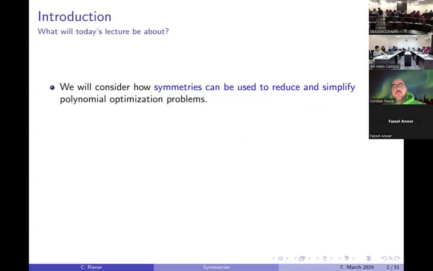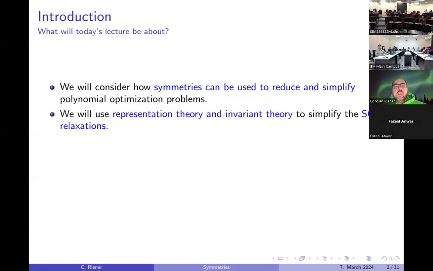And I want to be, again, a little bit more practical today, and tell you about things that I'm very interested in, namely how we can use symmetries to actually reduce and simplify problems. One example that we will be looking at today is polynomial optimization problems.